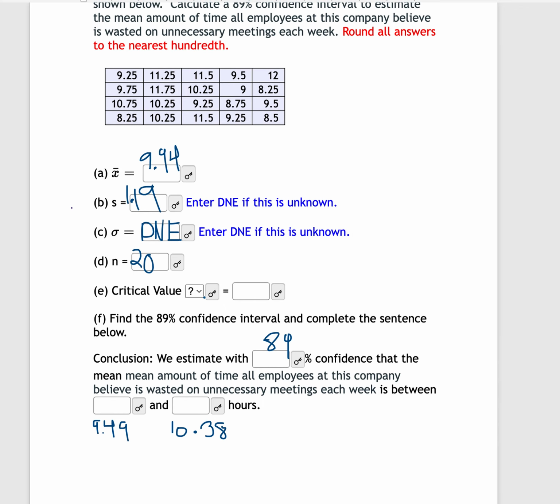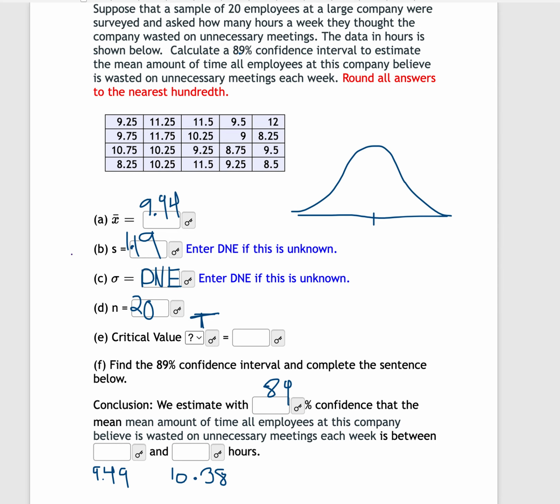And then our critical value, because we're using T interval. Now we're using t, not z, if we're using t interval. And to find our critical value, we have to find how many standard deviations away from the mean we are when we're looking at an 89% confidence interval.